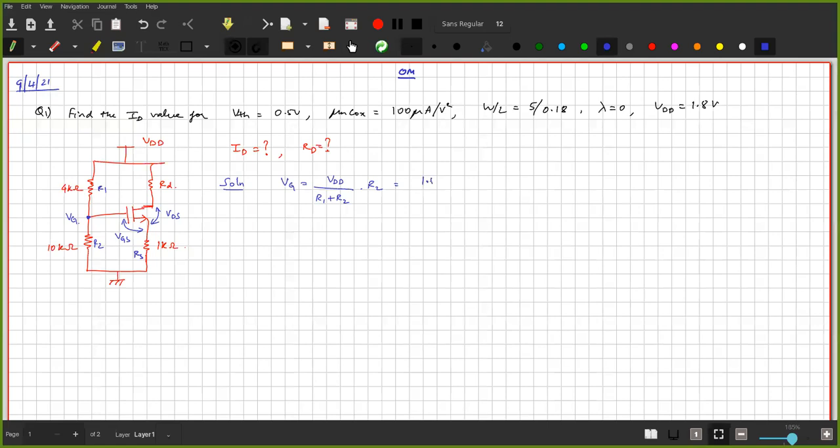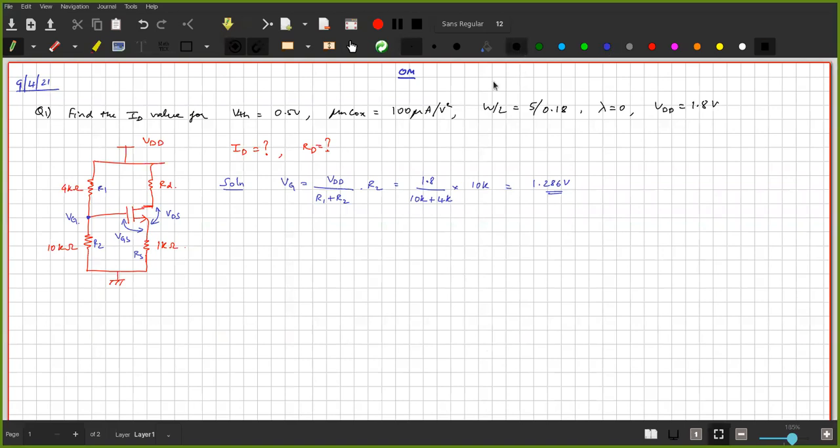So 1.8 divided by 10K plus 4K, into 10K. So this will turn out to be 1.286 volts. I've already calculated this. So VG is 1.286 volts.